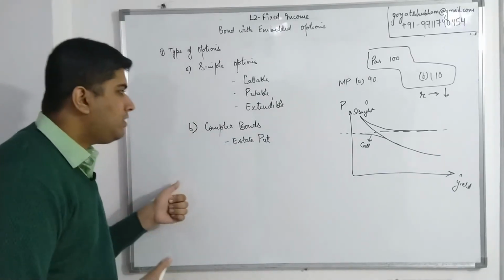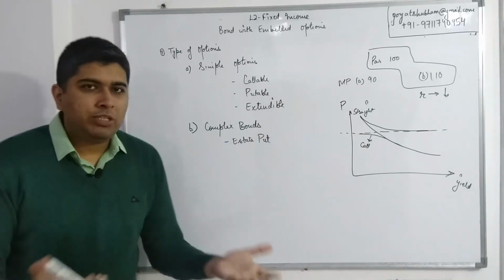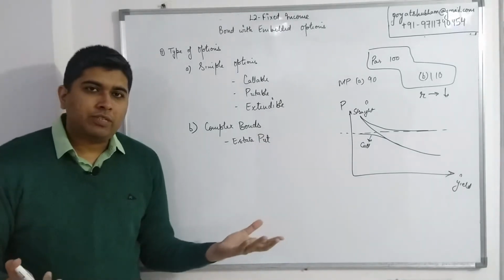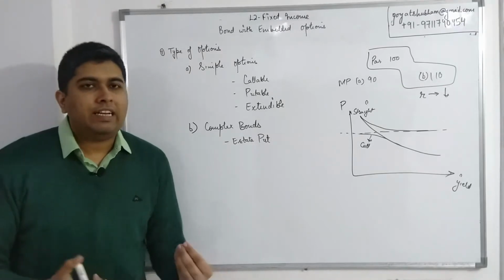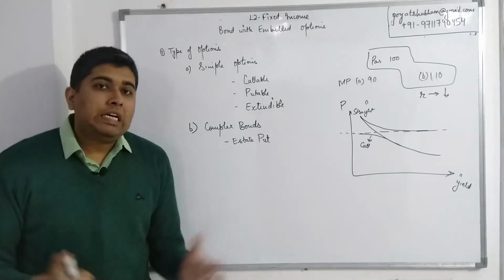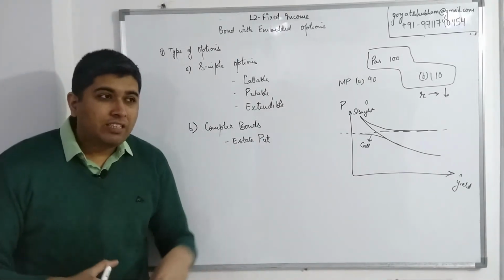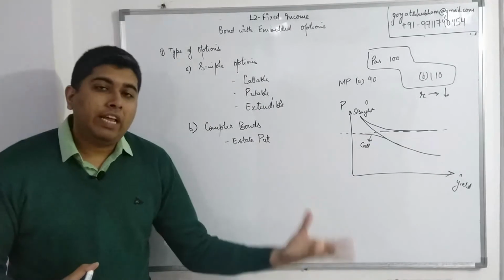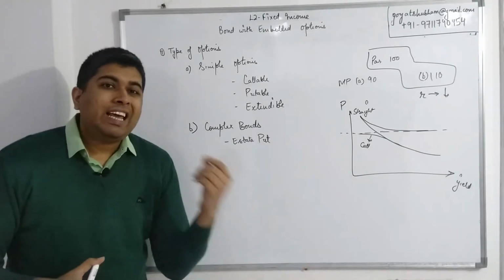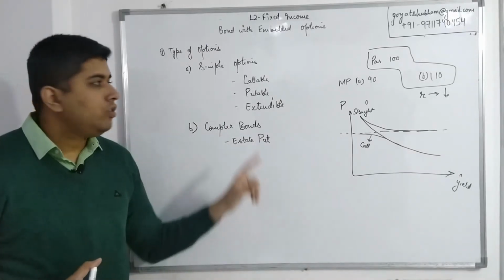But in case of an estate put, the put option won't come into existence under normal circumstances. Under normal circumstances, the bond will remain just as if it were a plain vanilla bond. If in case of death of an investor, the bond is transferred over to their next of kin, to their heirs, in that case, that next of kin has the option to enforce a put.